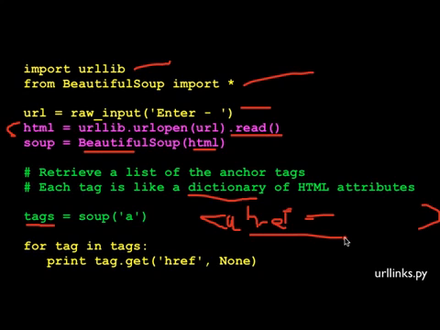This is an attribute, right? That's an HTML attribute. Style equals, href equals, source equals, all these things that are key value pairs in between the start of the tag and the end of the tag are what we can get. So we can say tag.get, which is a dictionary lookup in Python, give me the href. And if there is no href, remember the second parameter of get is the default value. So give me None if there is no href.